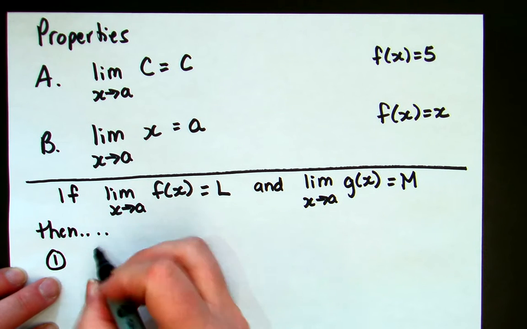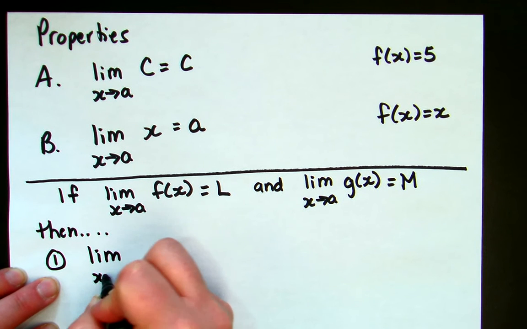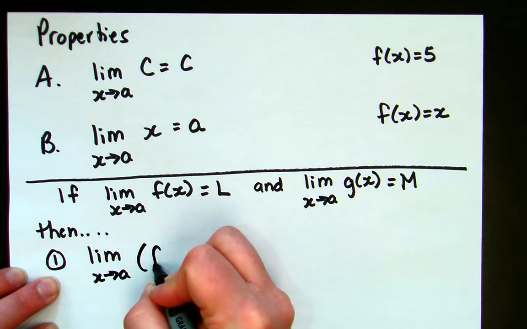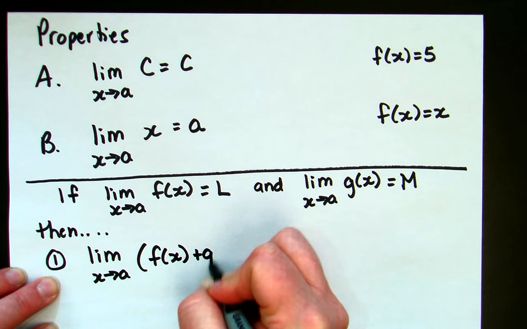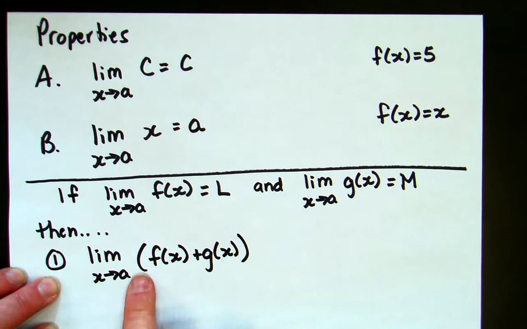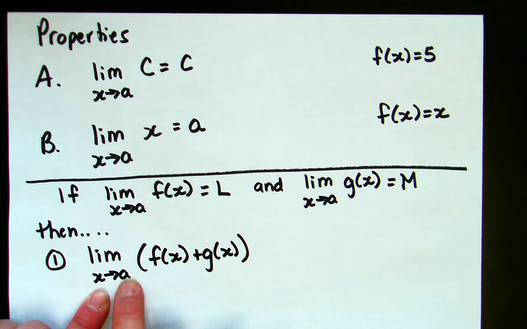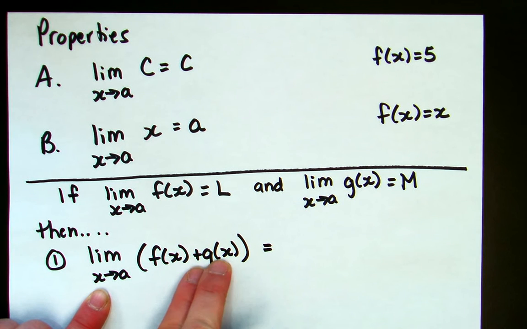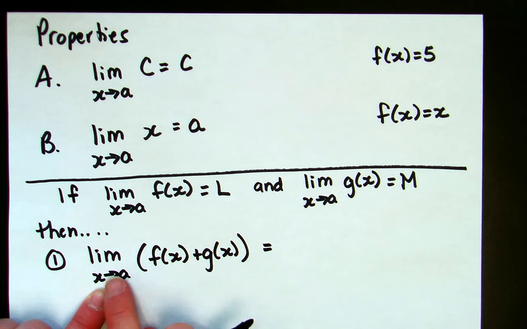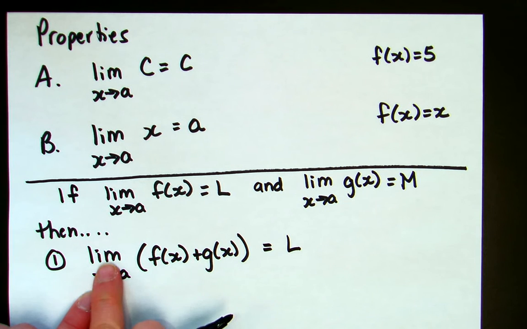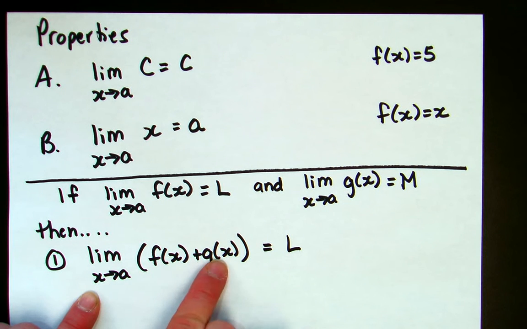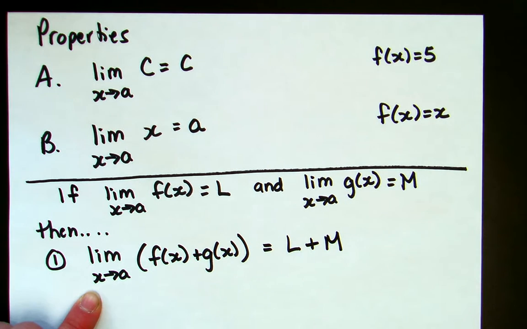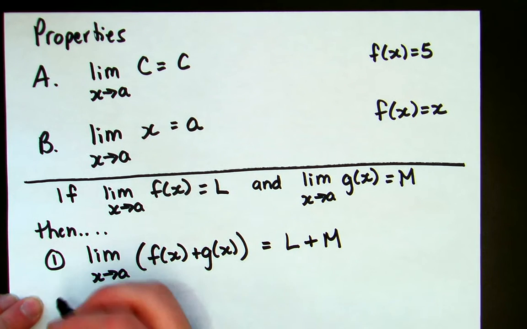The first one says if you have a new function, or a composition of functions, which is f at x plus g at x, so if I'm looking for the limit as x approaches a of f at x plus g at x, I don't have to add these first and get a new function. If I know the limit as x approaches a of f at x is L, and the limit as x approaches a of g at x is m, and it's adding here, that means I would add my answers.